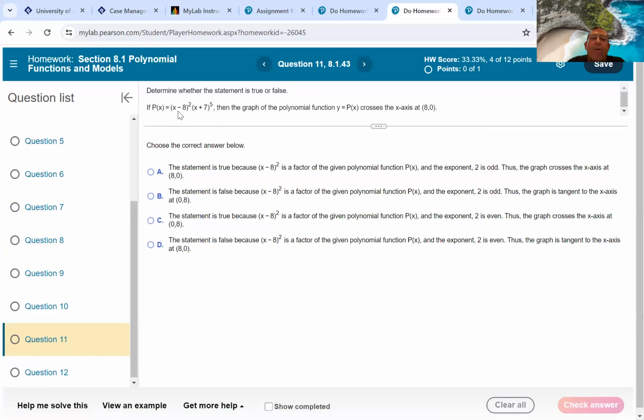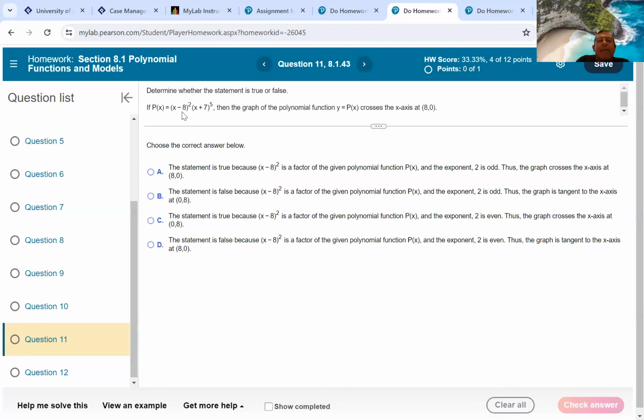So you got to figure out which factor they got the 0 of 8 from. Because remember, the x-coordinate is equal to the 0. We learned that in the last test. So which factor did I get that (8, 0) from? And what is its multiplicity? So on this one, to get a 0 of 8, like that x-intercept, it had to come from the x minus 8 factor.